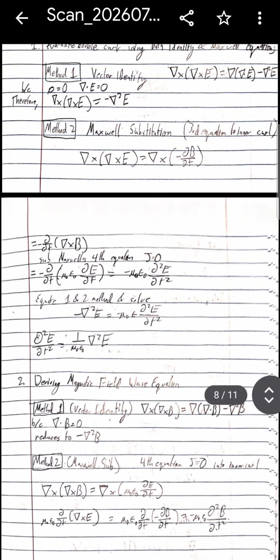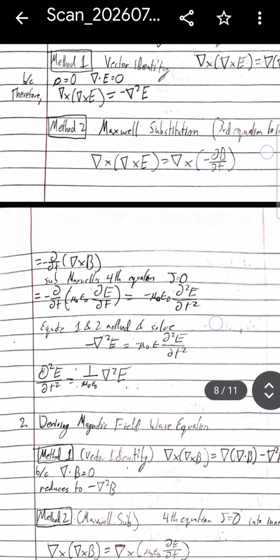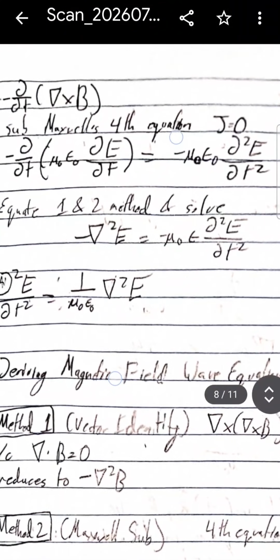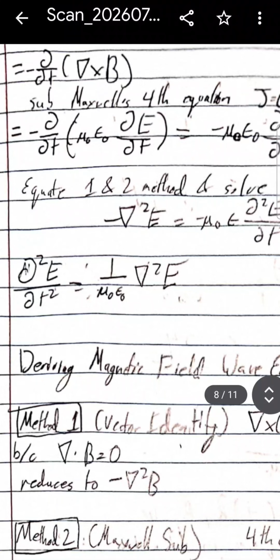We then set both methods equal to each other, and that gives us the second partial derivative of E with respect to t is equal to 1 over mu naught epsilon naught times del squared E.